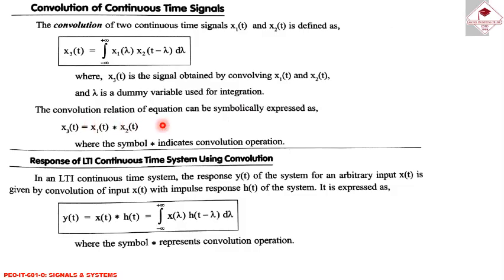The convolution relation can be symbolically expressed as x3(t) equals x1(t) star x2(t). Here the star indicates the convolution operation.